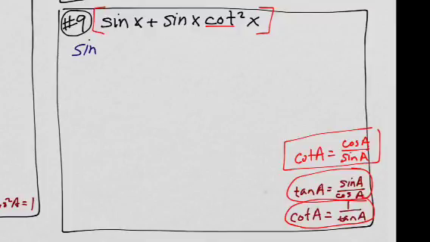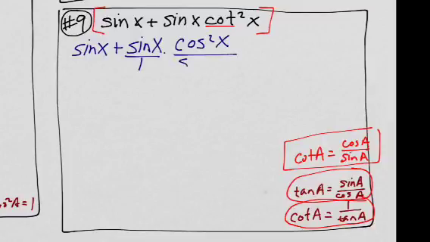So we'll rewrite this all: sine x plus sine x, better put that over 1, times the cotangent squared, which is cosine squared x over sine squared x.